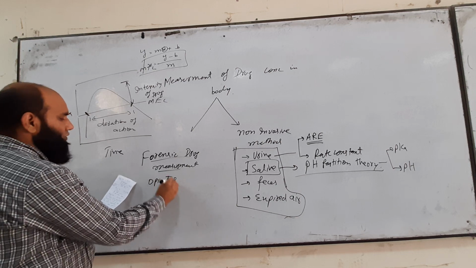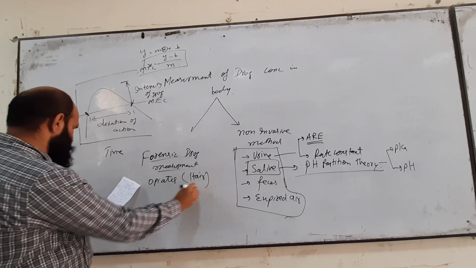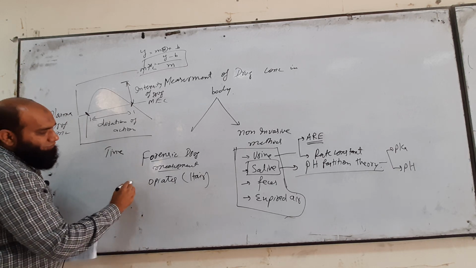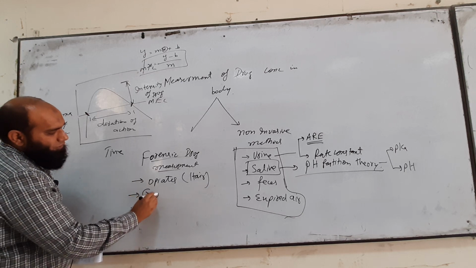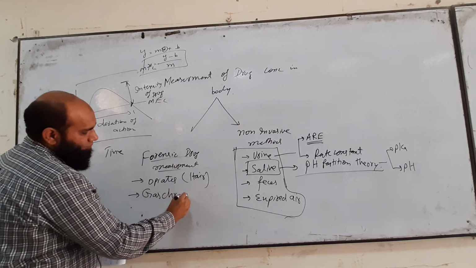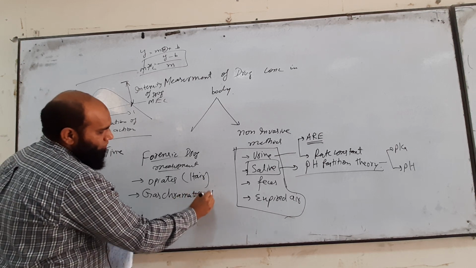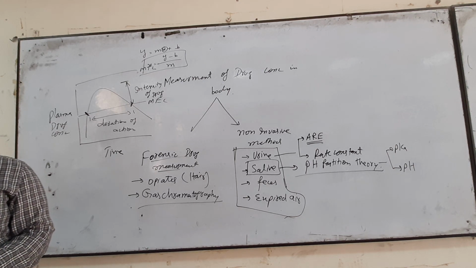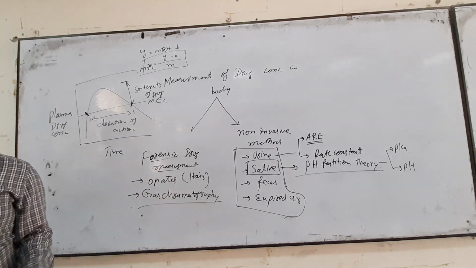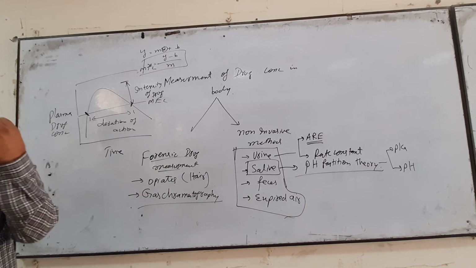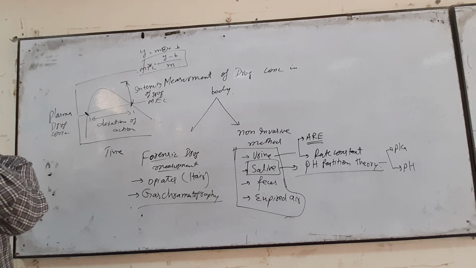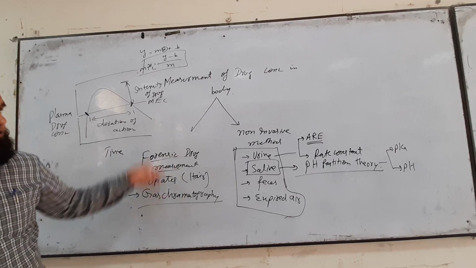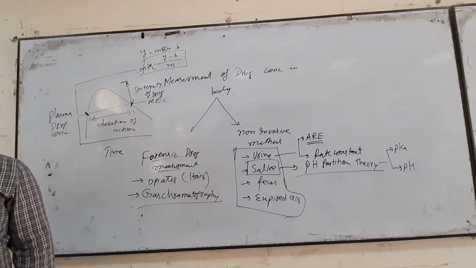For opioids, we use gas chromatography. Gas chromatography techniques will be used in the case of forensic drug measurement. Forensic drug measurement can be used to check the amount of drug through nails, hairs, and some other areas like skin. And these are the particular uses of the measurement of drug concentration in our body.